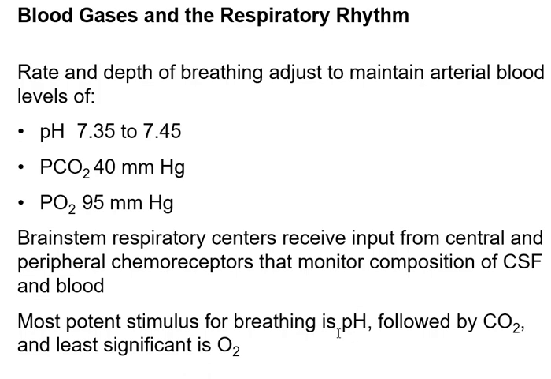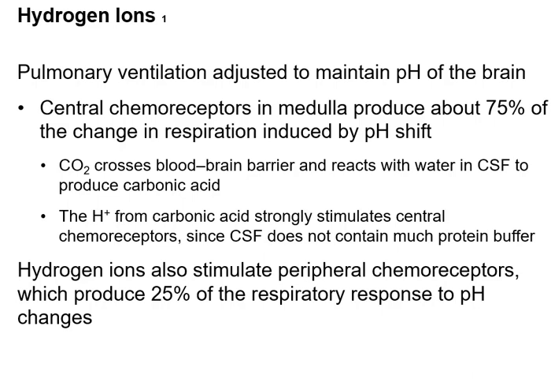So we have sensors that detect pH throughout the body and will regulate your breathing that way. And then we have sensors that look at carbon dioxide. So it's important also. And least significant is oxygen. So I thought that was kind of interesting.